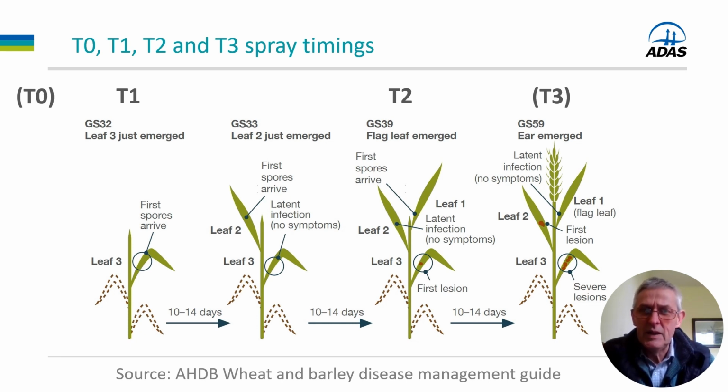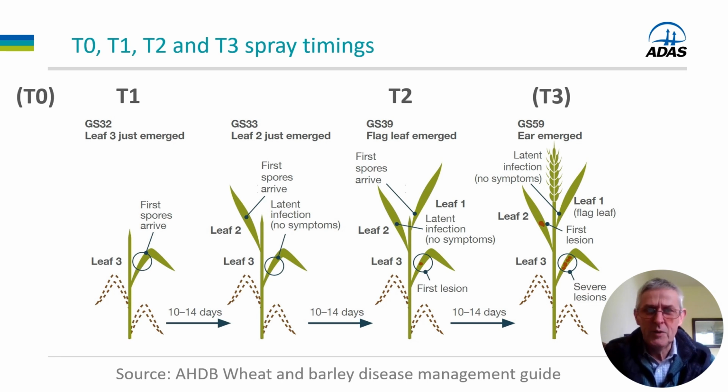And then the T3 spray is applied as the ear is fully emerged, and that's there to top up the foliar disease control and also to protect against some ear diseases where necessary.